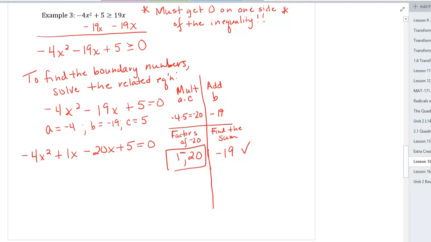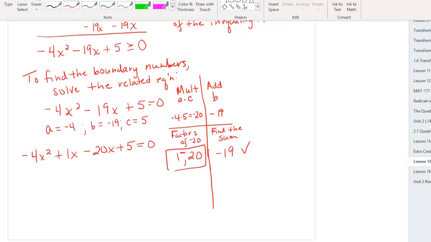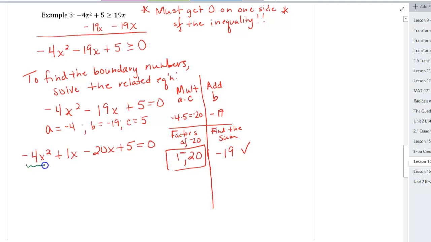So now I'm going to use the process of factoring by grouping. If I just look at these first two terms, they have an x in common, and that will leave us with negative x plus 1. And then if I look at just these two, they have a 5 in common.